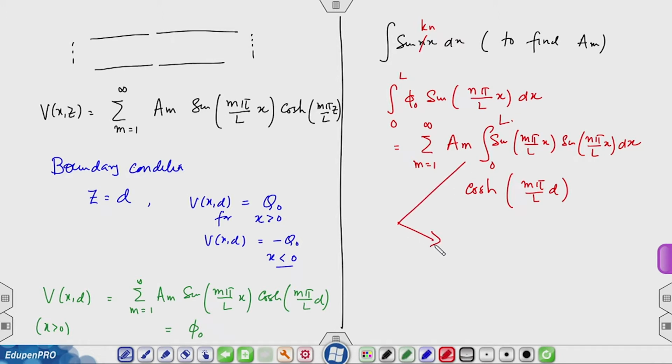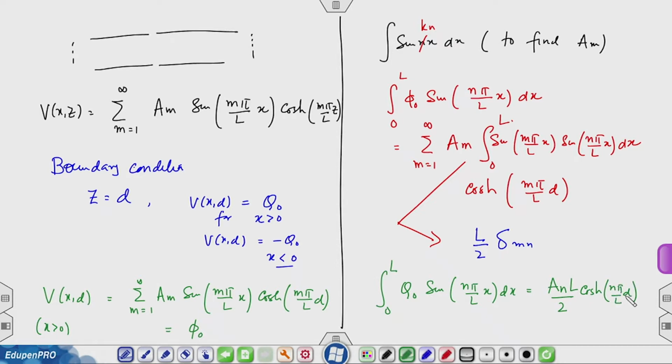In one of the previous lectures, I had asked to show that this term is actually L by 2 delta m n, and therefore, I get integration 0 to L phi 0 sine of n pi over L x dx equals a n L by 2 cos hyperbolic of n pi over L d, and that gives you a n.